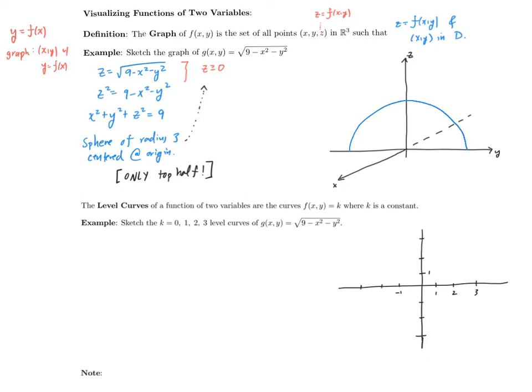Think of this as the upper hemisphere. Labeling those positive intercepts, we'd have (0, 0, 3) on the z-axis, (0, 3, 0) on the y-axis, and then coming out of the screen towards you, we have (3, 0, 0) on the x-axis.